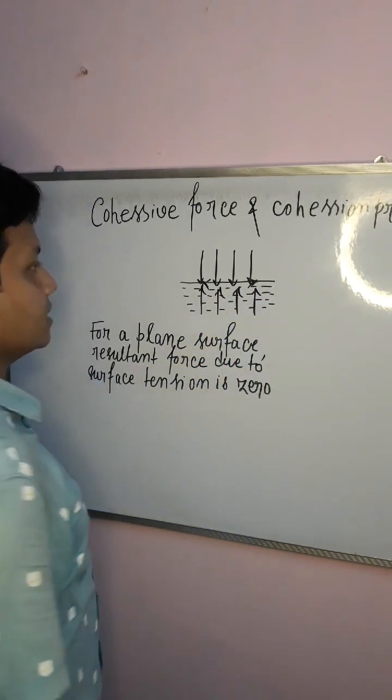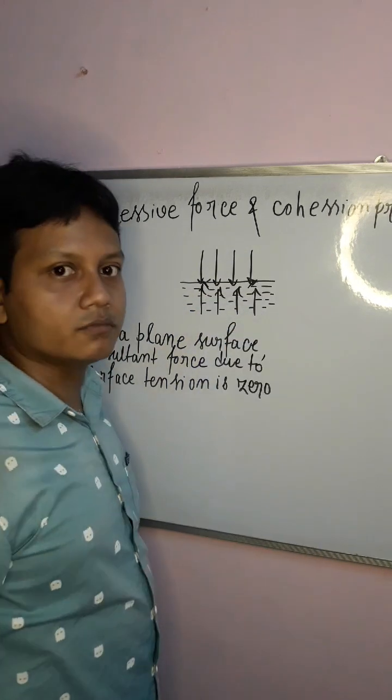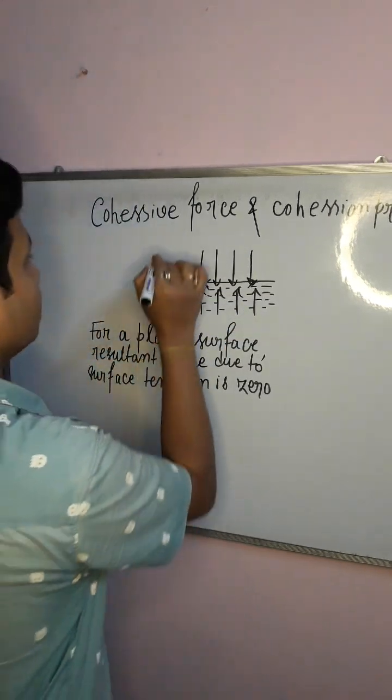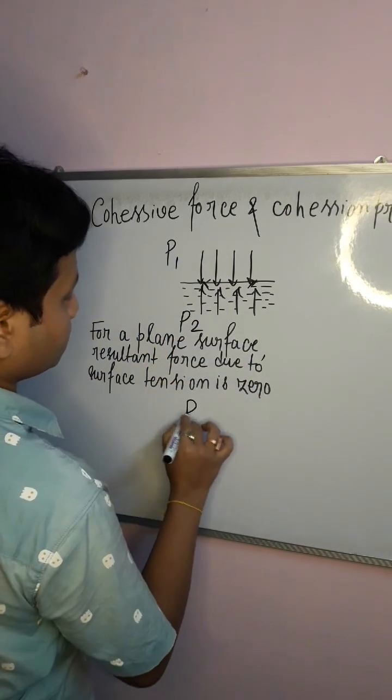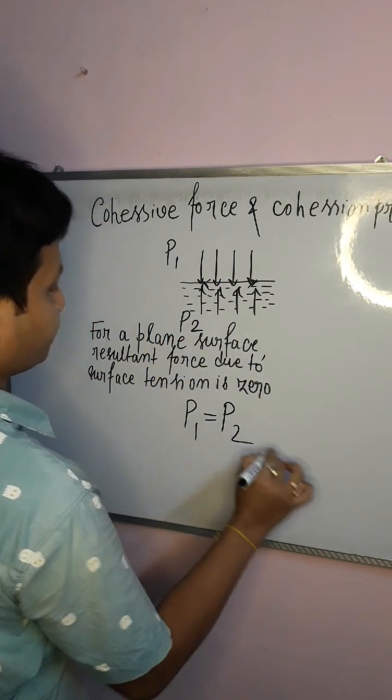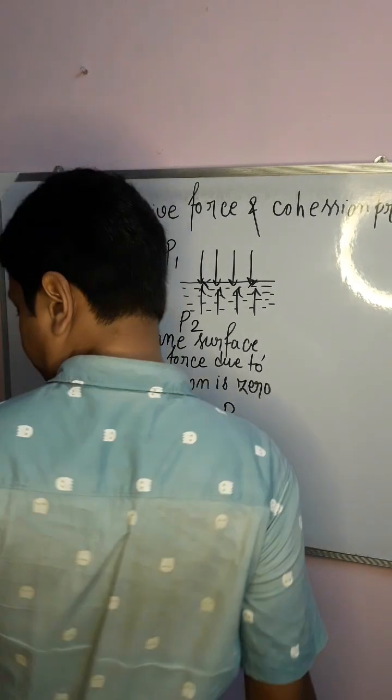So these two cancel. Okay, so if this is say P1 and this is P2, the pressure from this side must be equal to the pressure from this side. So this is for a plane surface.